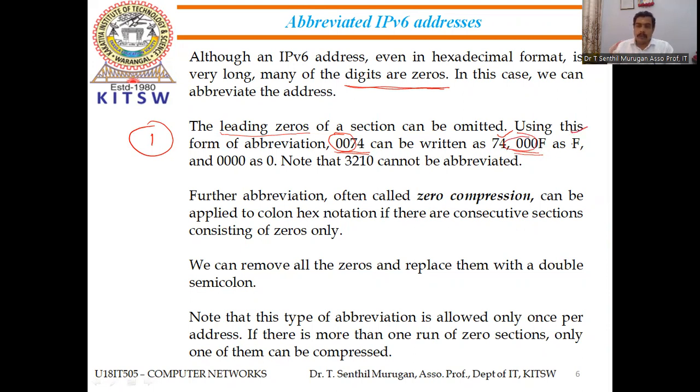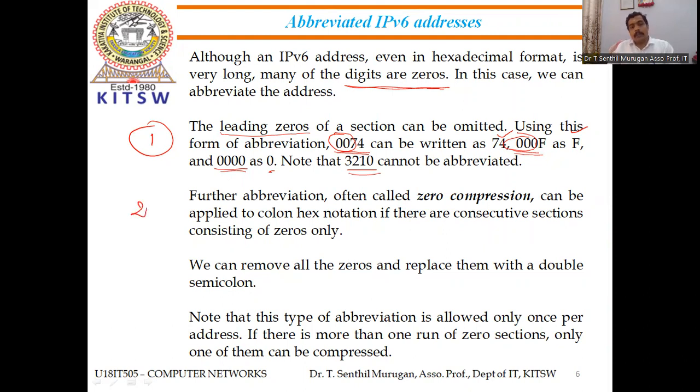We can write it as F only. In case 0010 is there, we can write it only as 10. Okay. But in case the 0 is after the number, no need to abbreviate, because there is a meaning to it. We are not able to omit it. Okay. This is the first rule.